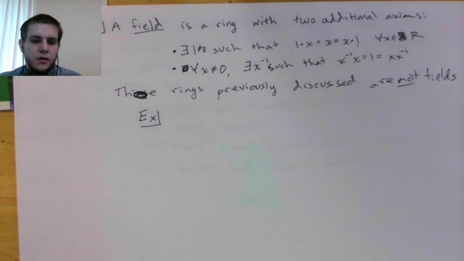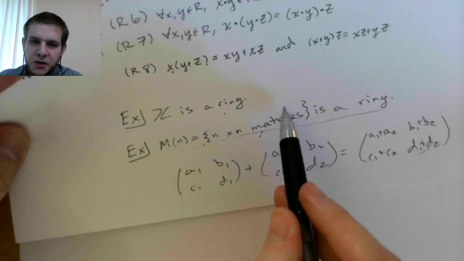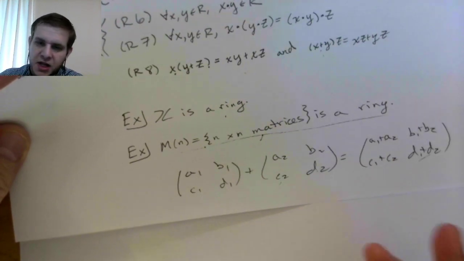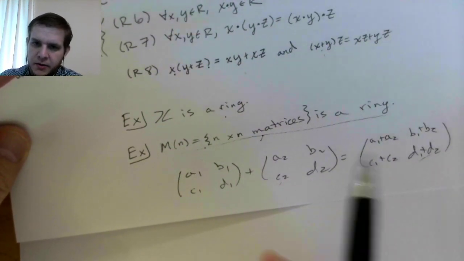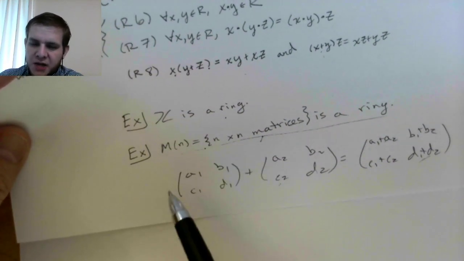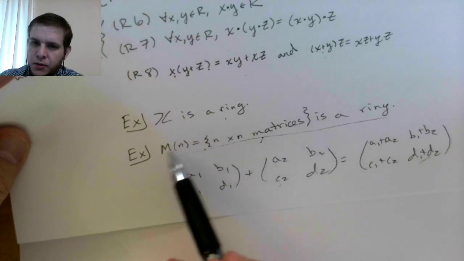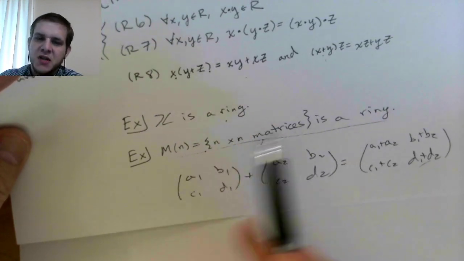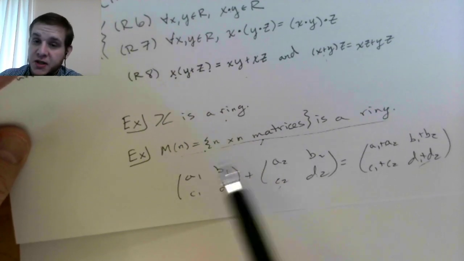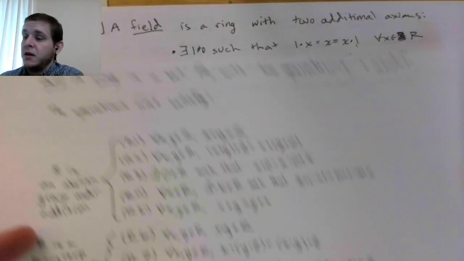Right, the integers is not a field because 2 doesn't have a multiplicative inverse. Not every matrix is invertible, so this ring of matrices is not a field. It's also not a field because it doesn't commute, right?